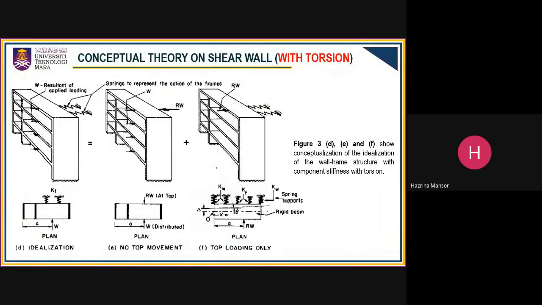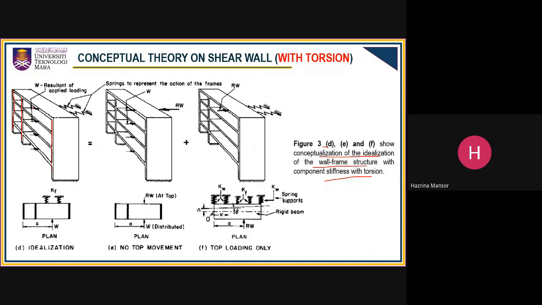So, moving forward, figures 3D, E, and F show the conceptualization of the idealization of the wall frame structure with component stiffness and torsion. In this particular structure system, you have wall 1, wall 2, and wall 3.